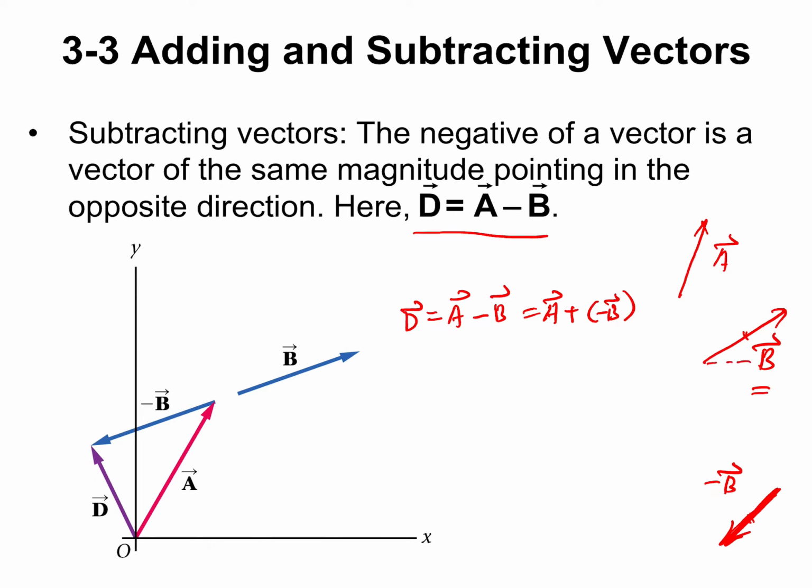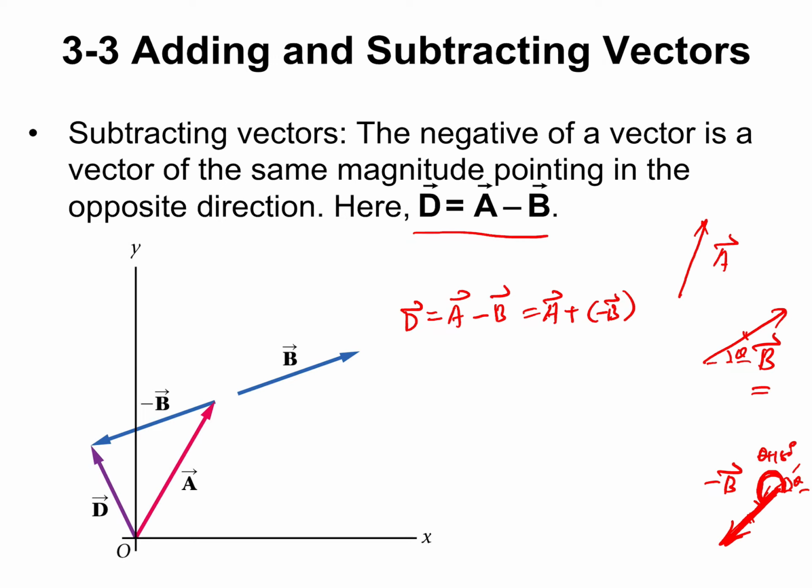So the direction here is theta. The direction here will be theta plus 180. So the angle for the negative B is theta plus 180. That's the meaning of opposite direction.